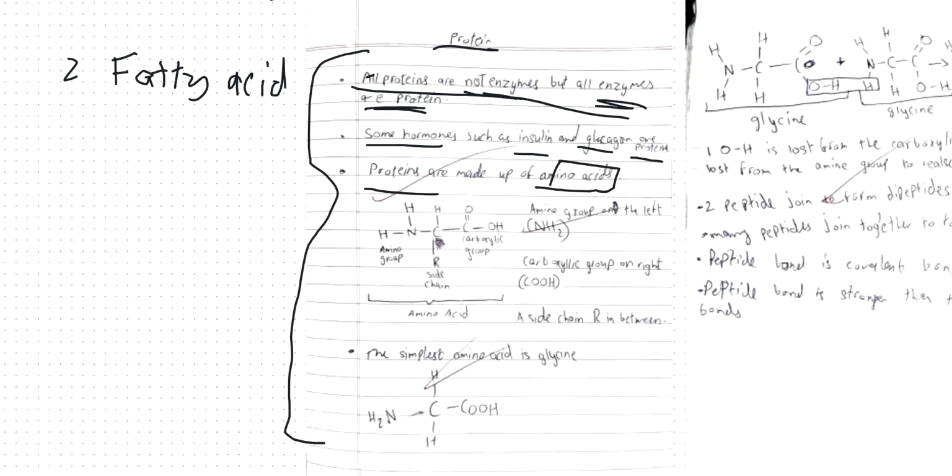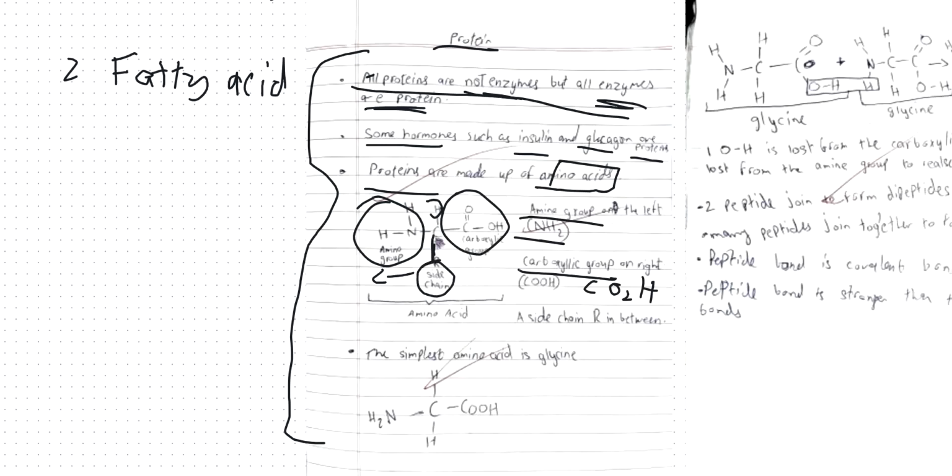An amino acid has an amine group, NH2 basically, on the left side, and a carboxylic group or CO2H on the right side. So at the very right end, you'll have a carboxylic group. At the very left, you'll have the amine group. And you'll have one H and a side chain. This side chain will tell you what type of amino acid you have.